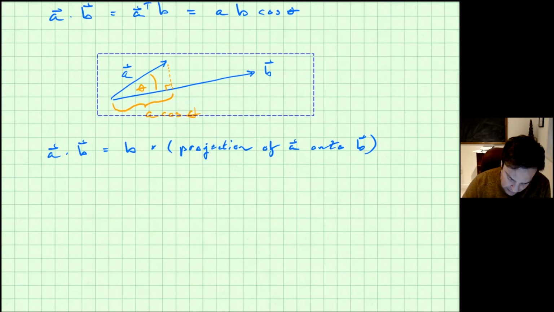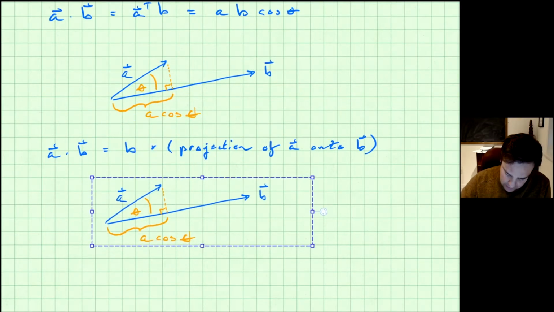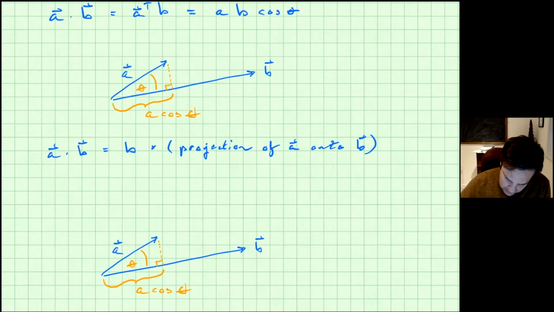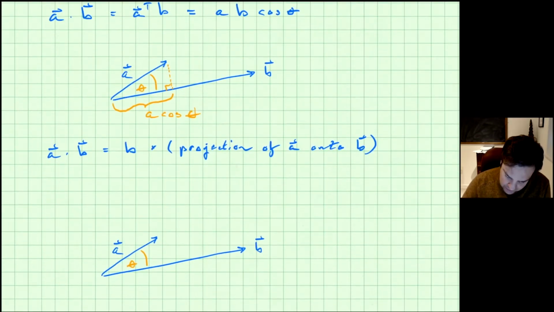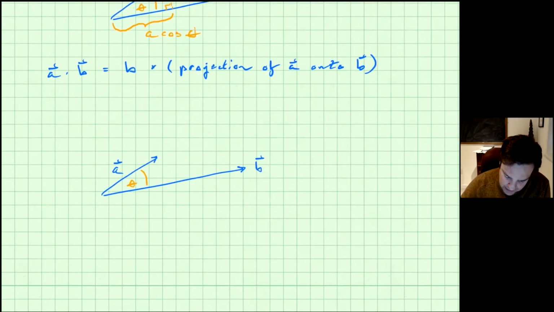So I'm going to copy this again. Move it down here. I'm going to need a little more space this time. And do some more erasing. Erase all those little dots. I want to think of this same expression, but look at b times cosine theta, and think of it as multiplying a.